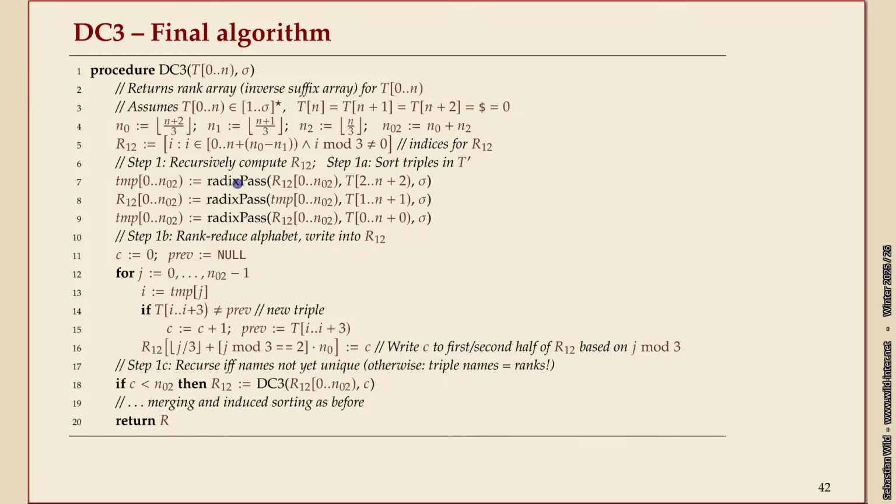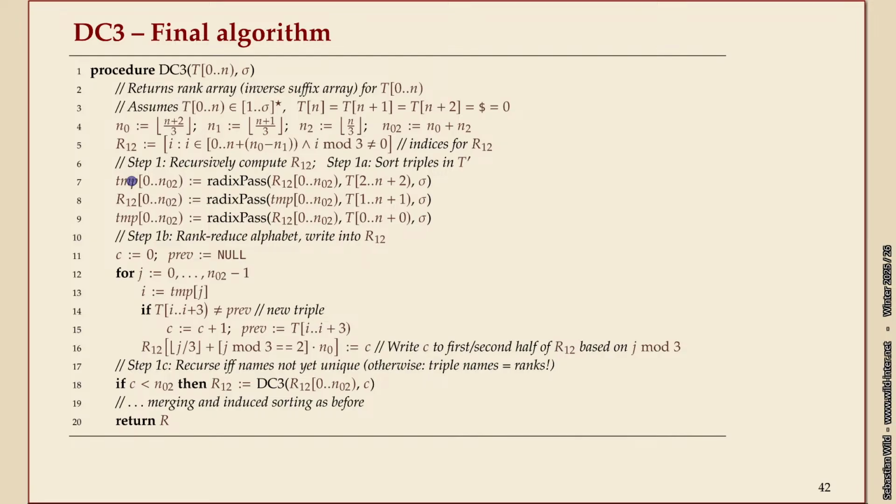And for that we use this radix pass I just showed. We sort the integers, the indices that are in R12, but we sort them according to the last of the triple characters. That's why here t is offset by 2, so that you're using the third of the triple characters.